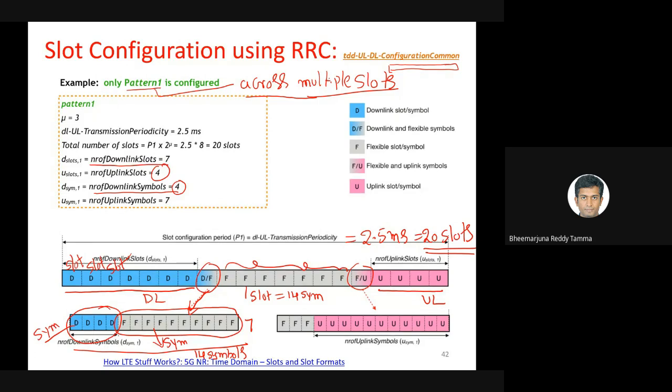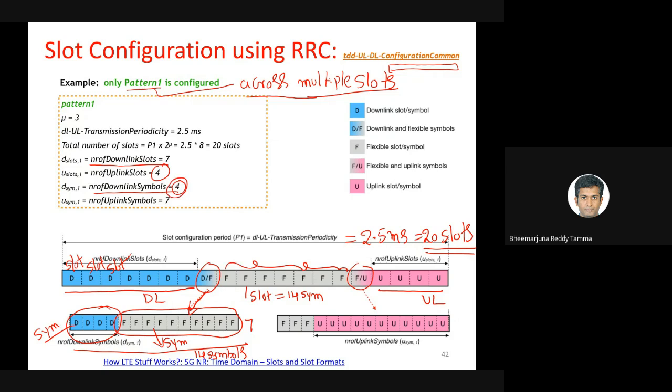What I'm showing is, if I take a configuration of 20 slots for the next 20 slots time interval, how I can configure the 20 slots as a combination of downlink slots, uplink slots, flexible slots, and special slots. When you look at the special slots, you can see that we can have a mix of both downlink and flexible inside these special slots. That is also shown here.